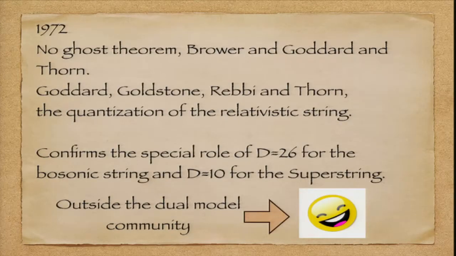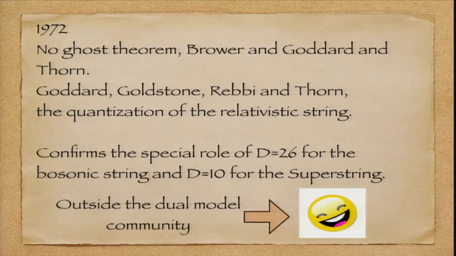So, in 1972, it was proven by Brower, Goddard and Thorn that this theory, in fact, had no ghosts, which is a strong indication, if you now think about it, that it must be some kind of gauge theory. Because the beautiful thing, which we haven't talked too much about in Yang-Mills theory, is that you introduce 4 vector fields, but you have just 2 degrees of freedom for every color, say.